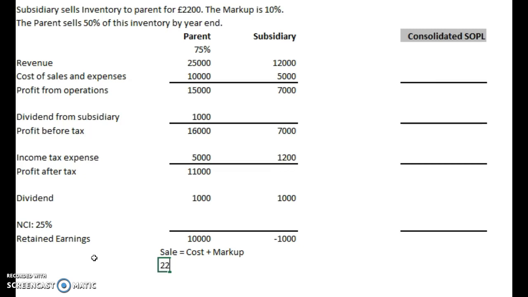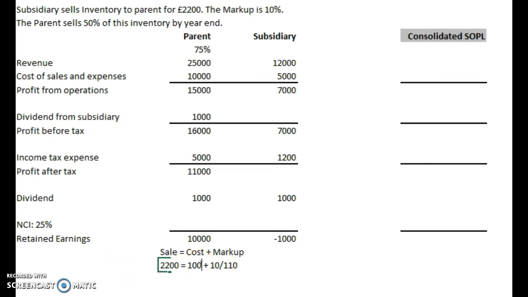So we can put some figures in here. We could call the cost 100% of the cost, and the markup is 10% of the cost. So in total, that's 10 out of 110%.